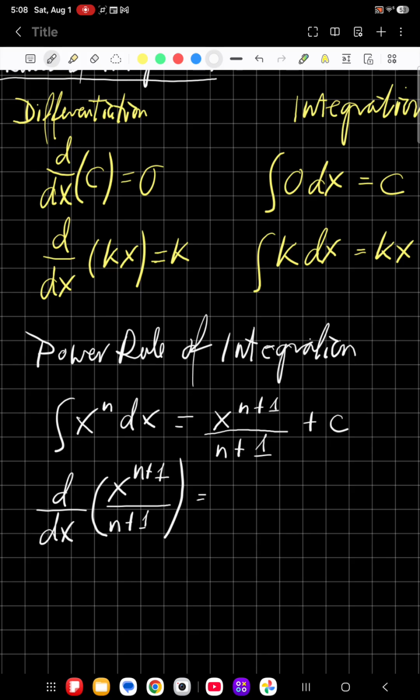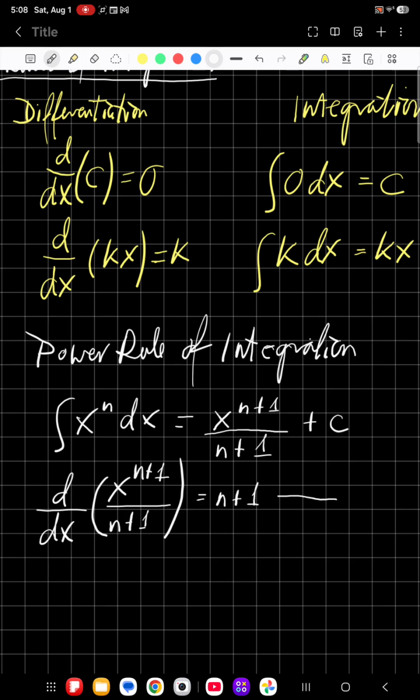So how does it work? I'm taking the derivative because I'm checking that if I take a derivative of that, I will get this. Well, will I? The rules of differentiation say I take the exponent, put it to the front, then subtract 1.